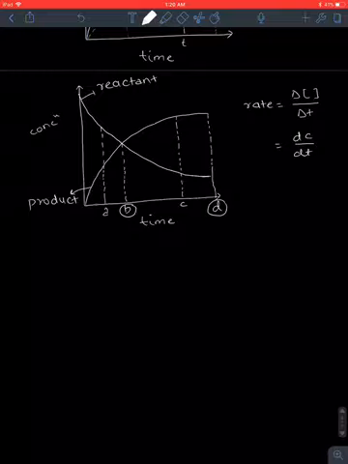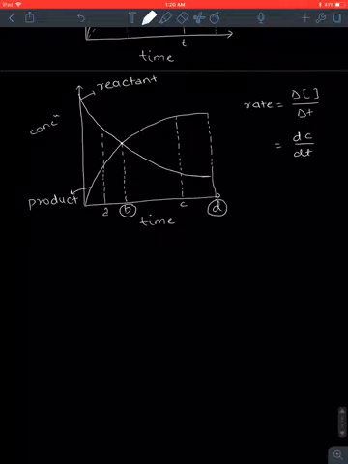What mistake did you make? The mistake is that you thought the time taken to attain equilibrium will be the time at which the rate of forward reaction is equal to rate of backward reaction. But at this point B, the rate of forward is not equal to rate of backward reaction.